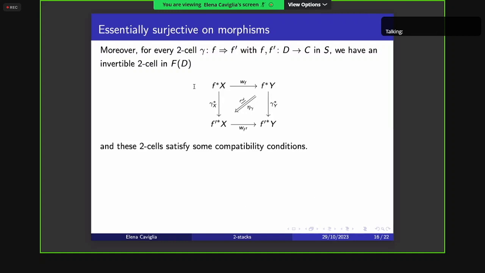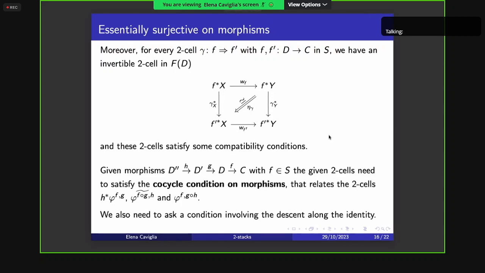And so for every two cell, we will have an assignment of an invertible two cell between the morphisms associated to the domain and the codomain. Not really, but kind of this condition. And these two cells need to satisfy some compatibility conditions. And all these conditions are given by the fact that we are considering a tri-modification, so these are given by the axioms of a tri-modification.